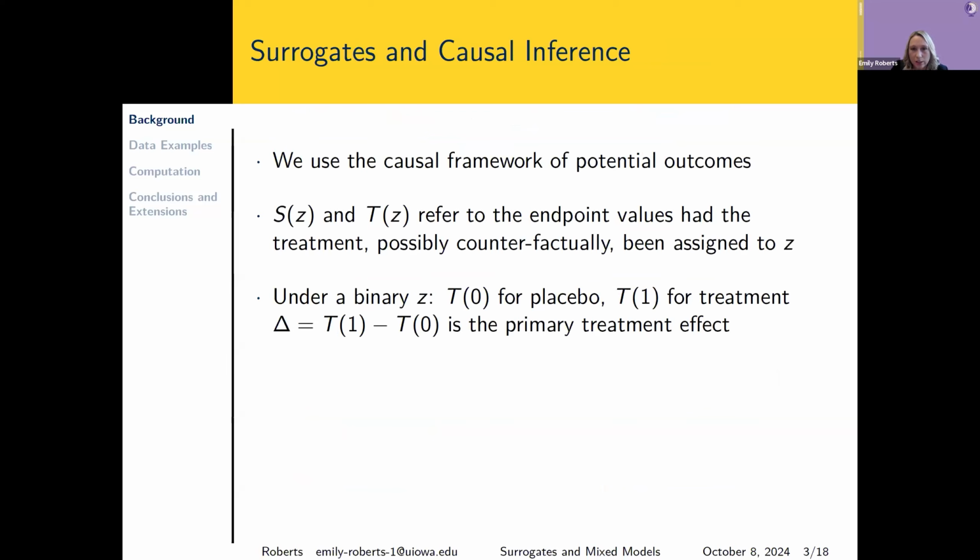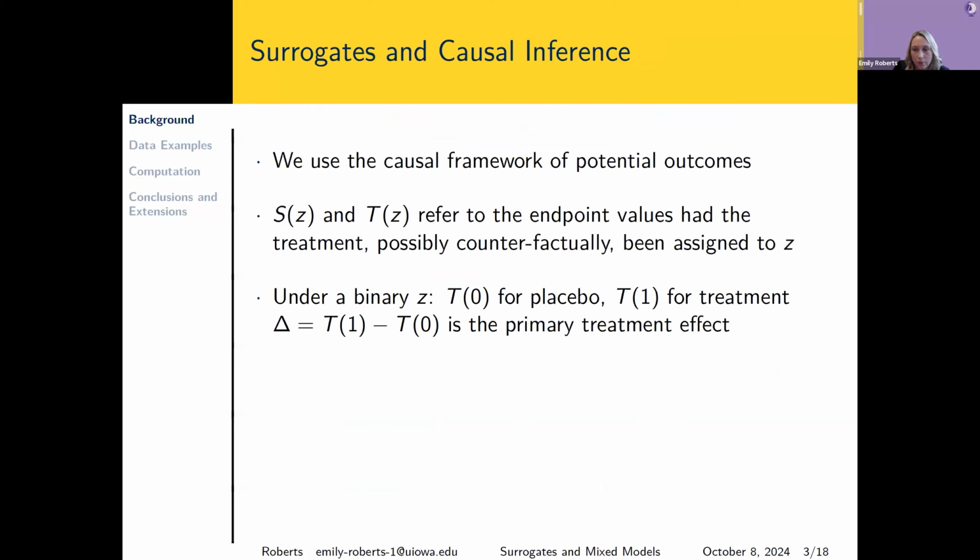Like Fanny, I'll also be using the causal inference framework of potential outcomes. So just to introduce my notation, I'll be using S to denote the surrogate outcome, T to denote the true clinical outcome or the long-term outcome, and Z to denote the treatment level.